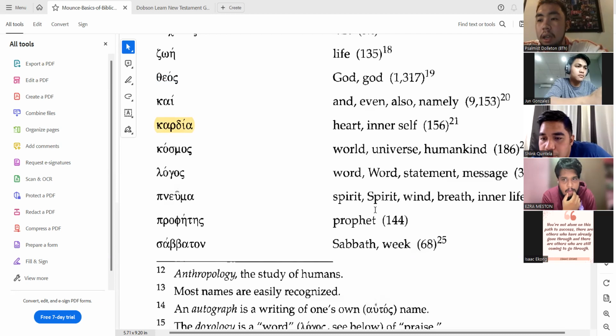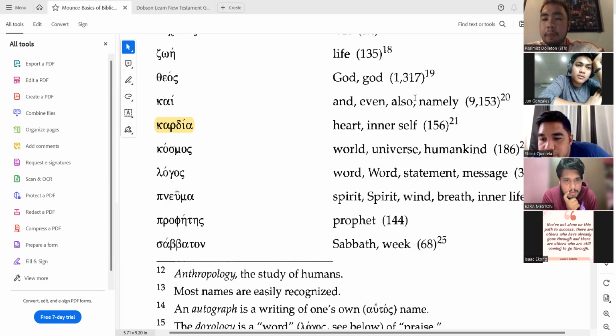Yeah, good. Remember cardiac arrest? It's a heart problem. But you read it as kardia, the accent is in the kardia.